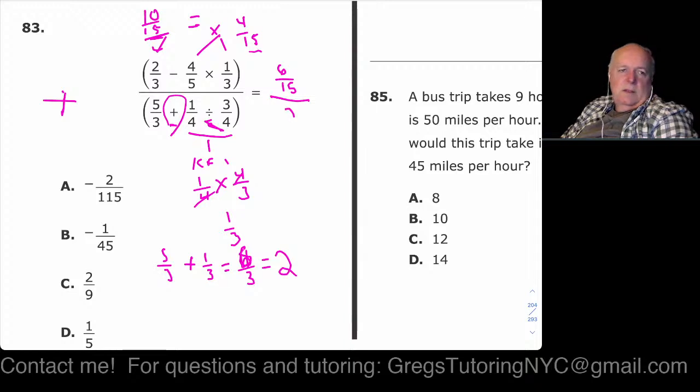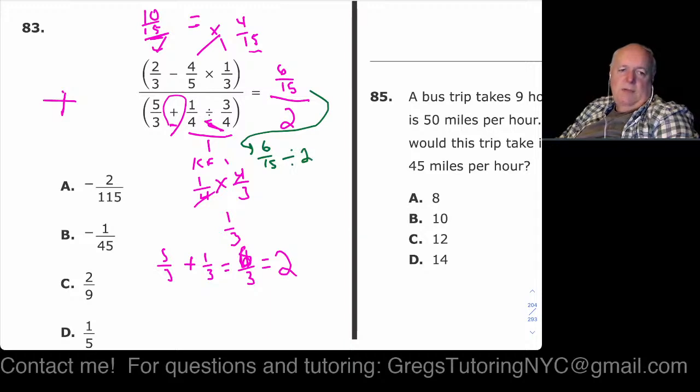Okay. So that creates a second scenario where what I like to do is I take this form and I rewrite it in long form. So we get 6/15 divided by 2. Okay. 2 is the same as 2/1.